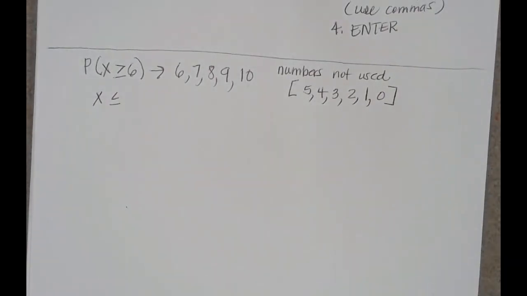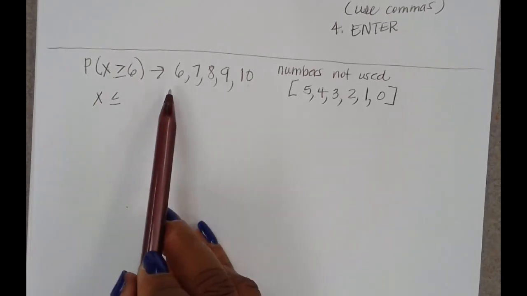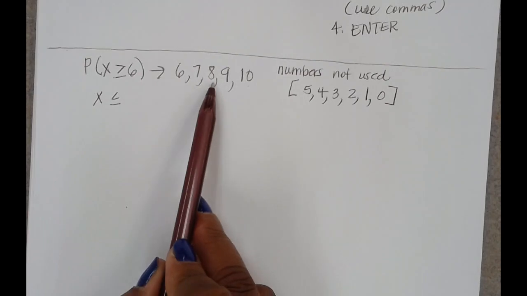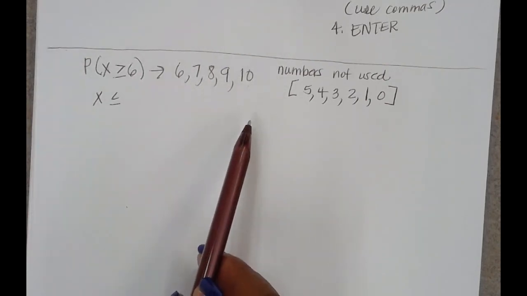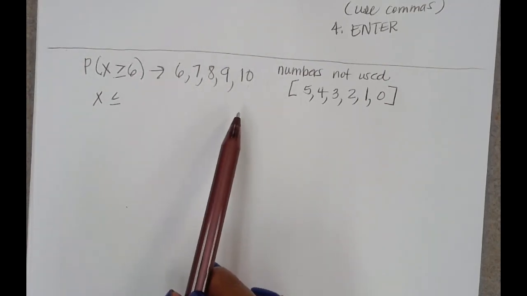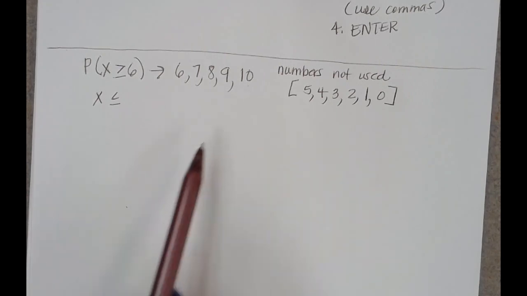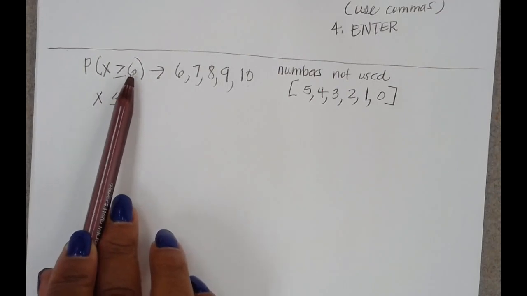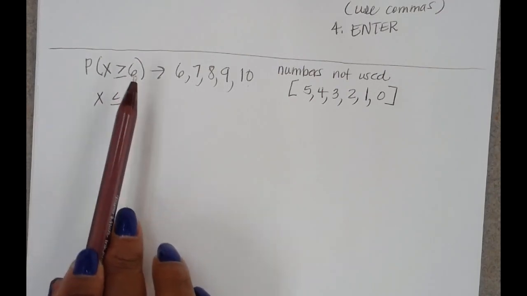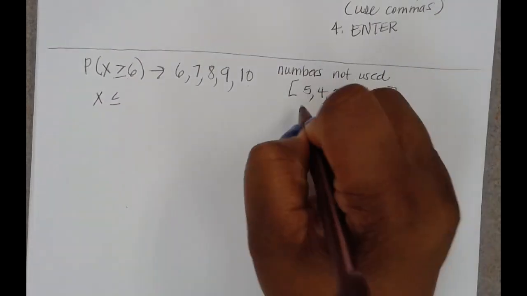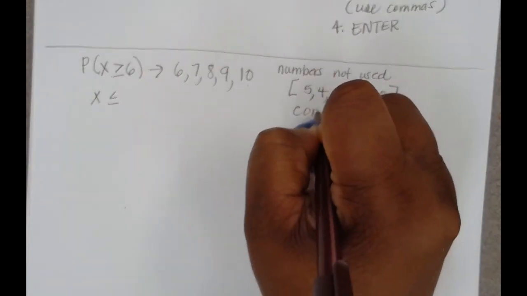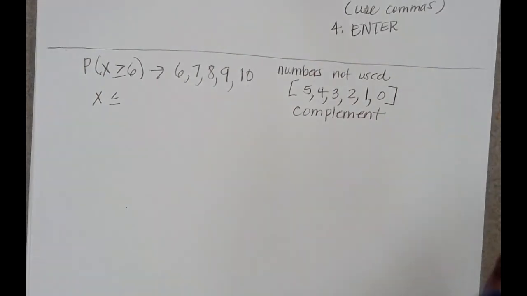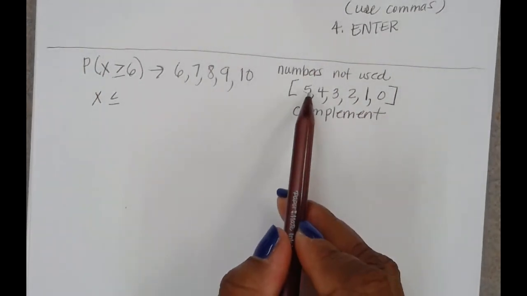So remember, I told you we could go in and find the probability of 6 exactly, 7, 8, 9, and 10 and add them up. But I could use that idea of the complement. Let's see, if x is greater than or equal to 6, the complement is all of these numbers. Well, that is x is less than or equal to 5.